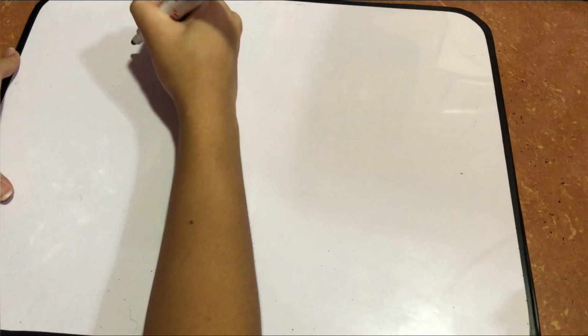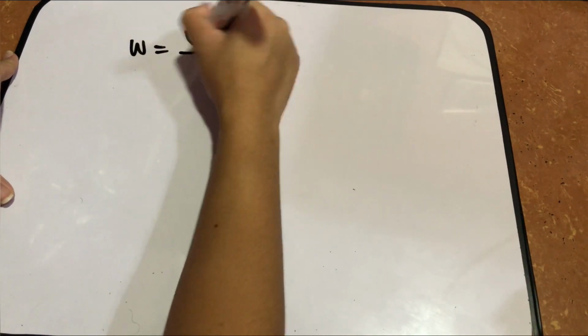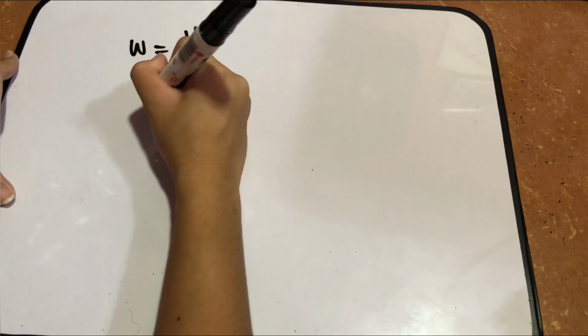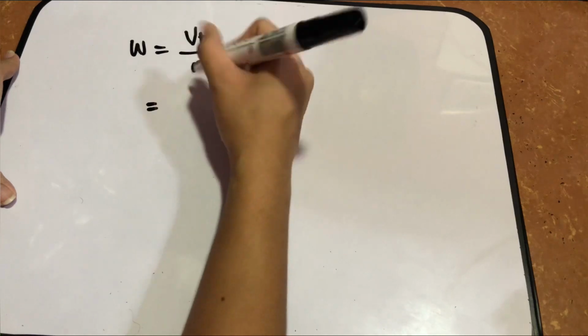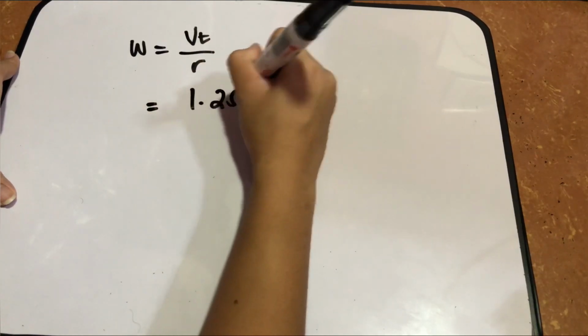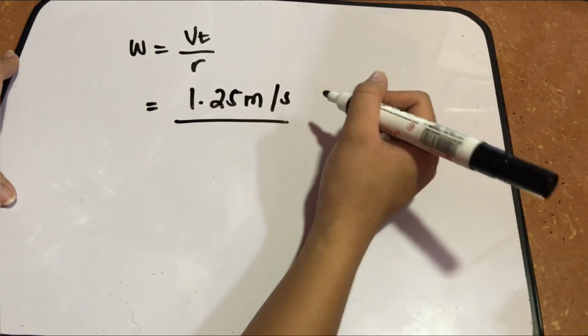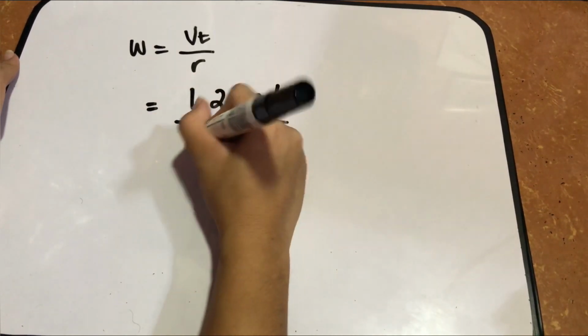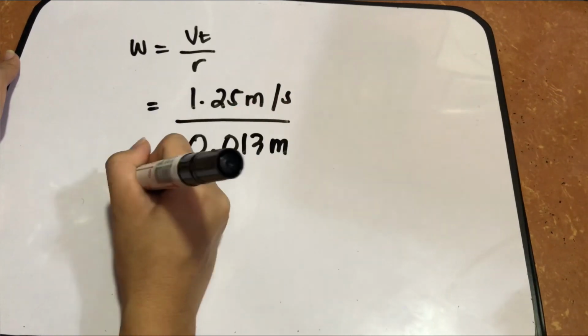So, first, kay W is equals to Vt over R. So, ang tangential speed is 1.25 meter per second over radius na 0.013 meters.